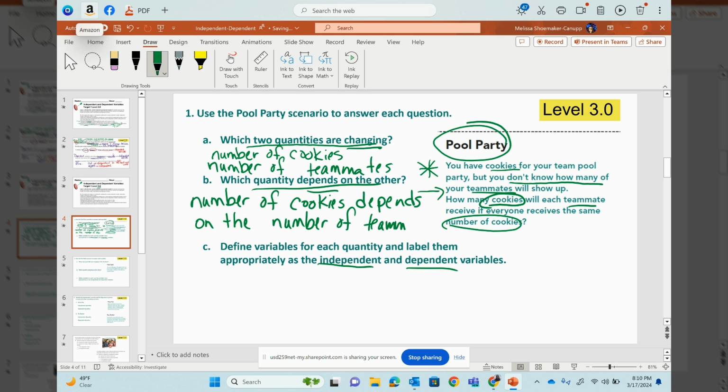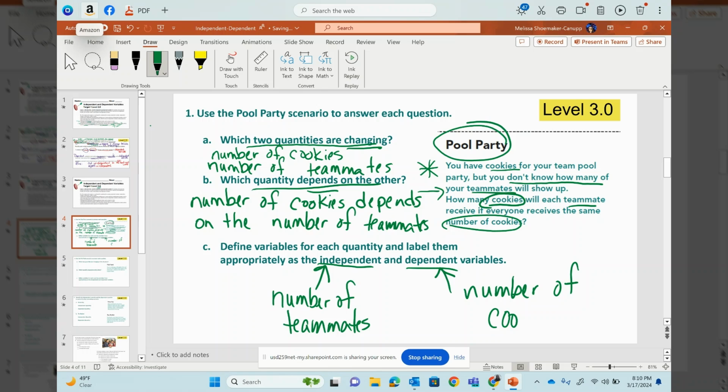I go to the store, I buy a certain amount of cookies, and so I know that when those cookies are gone, they're gone. Okay. Once I can say what depends on the other, that tells me the independent and dependent. Okay. Take a look at how I did that. Pause if you need to. I'm going to go ahead and move on to the next one.